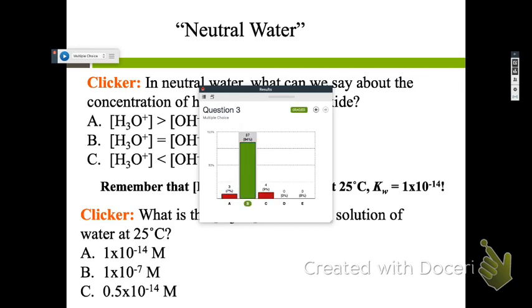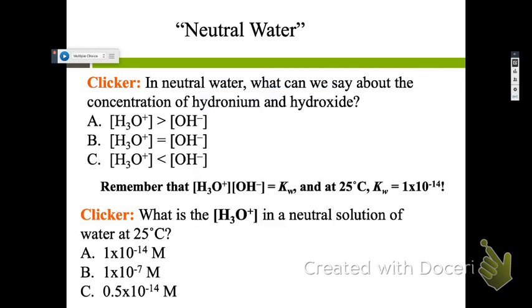Who wants to describe why this is the right answer? Avery? When they're equal, you basically square root that 1 times 10 to the negative 14 to get two values that are equal. Okay, so mathematically, we know that 1 times 10 to the negative 14th equals a number times itself.